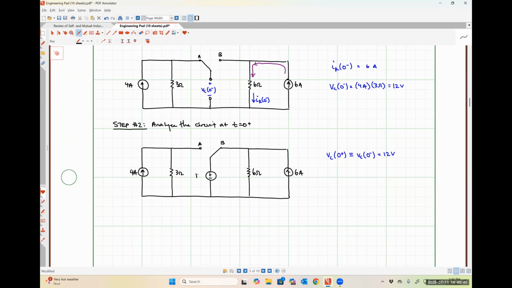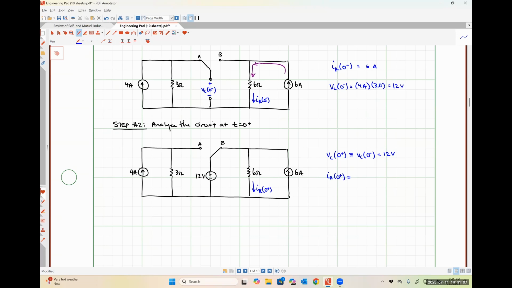And I'm also going to substitute in the value of our voltage at t is equal to 0 minus. All right. So the only thing that we actually need to find is our resistor current at t is equal to 0 plus. So does anybody have any thoughts on how we might determine that quantity?